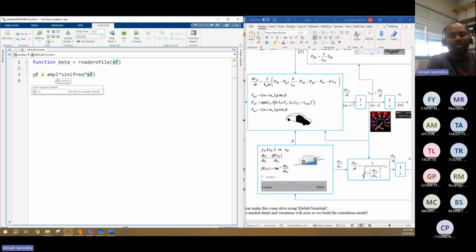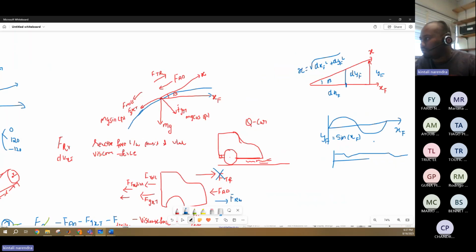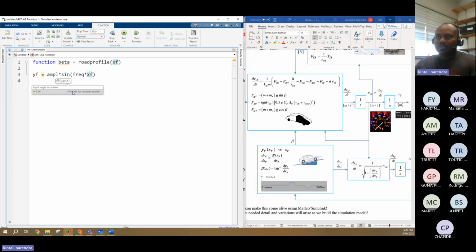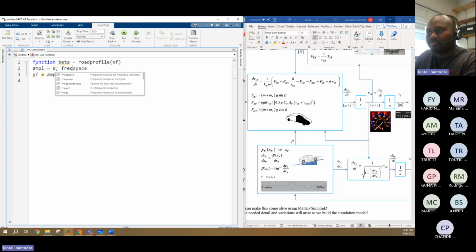It's A sine omega t, where omega is frequency and t is nothing but x of f. A is amplitude. So I have x of f and y of f. I need to define amplitude. For now, I'll keep amplitude equal to 0 and frequency maybe 1.